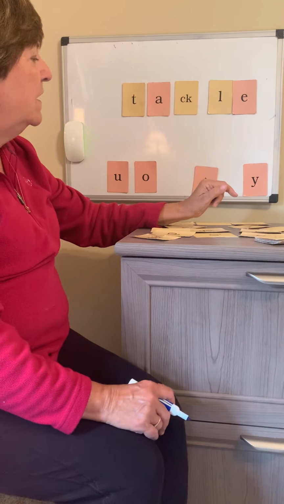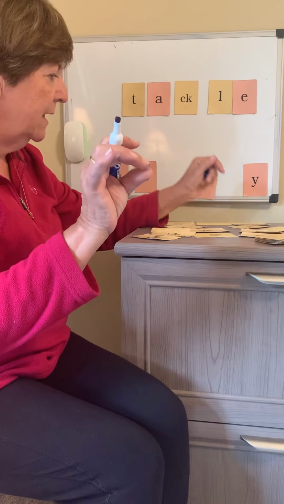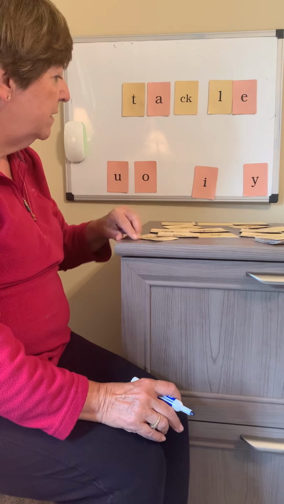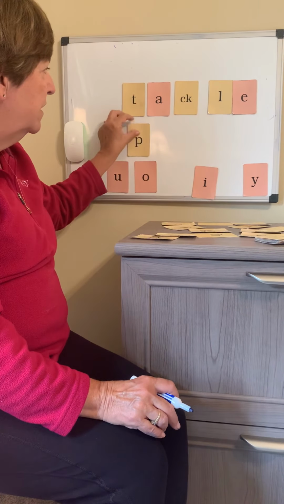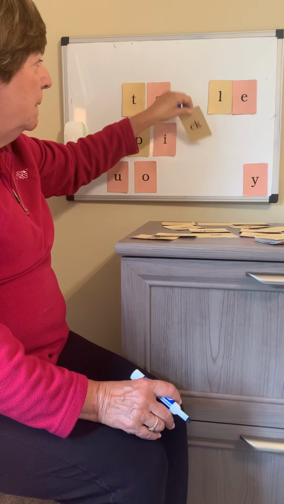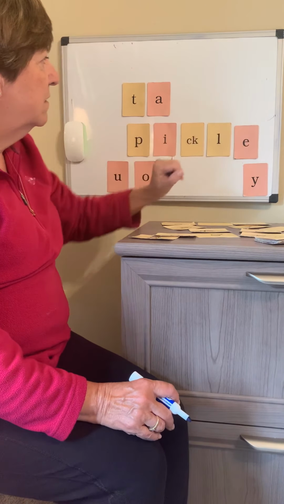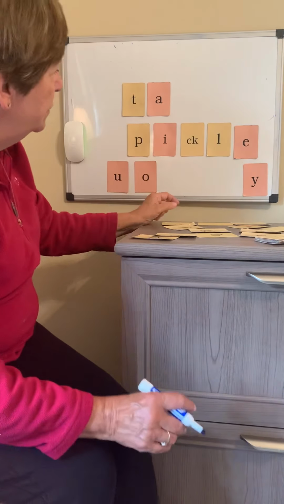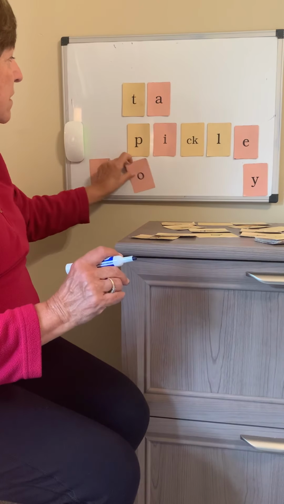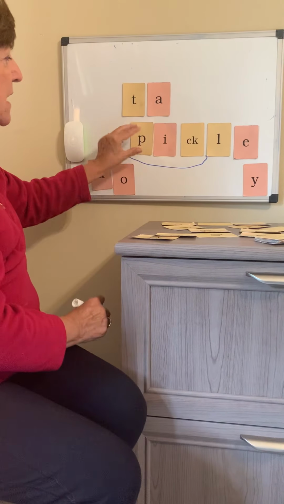Okay. Same thing with the word pickle. Pickle. P-ick. P. I can find my P. P-I. I'm going to use the CK. Pick. Pickle. Okay. I never want to break up a digraph because it's taking that CK to make that sound.